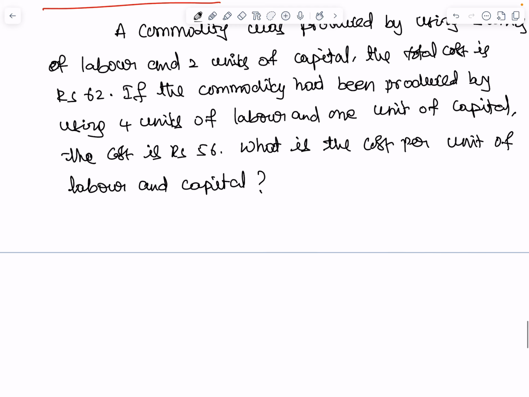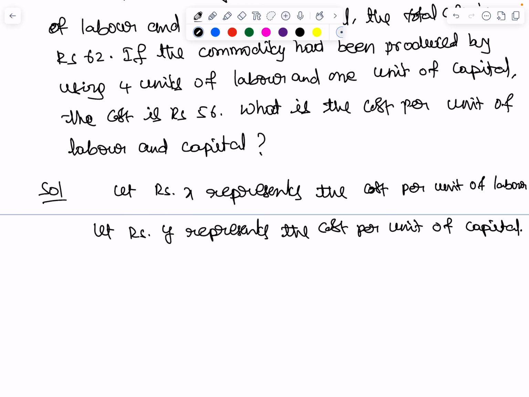To solve this, fix the per unit of labor and per unit of capital. Let x represent the cost per unit of labor, and y represent the cost per unit of capital.